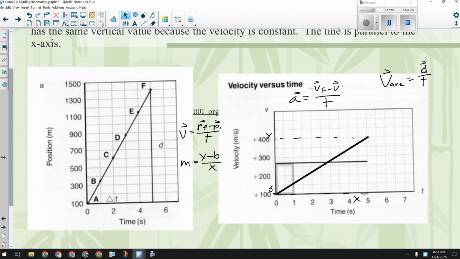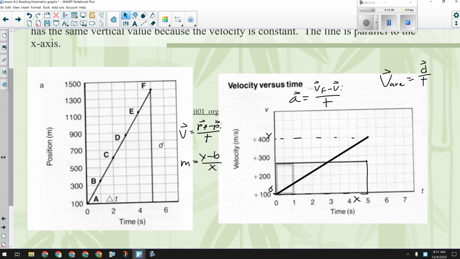Right? This is great when the velocity doesn't change. V equals d over t is fine, but now the velocity is changing. It's actually still okay. I can still use that formula because it's diagonal. It's changing evenly.